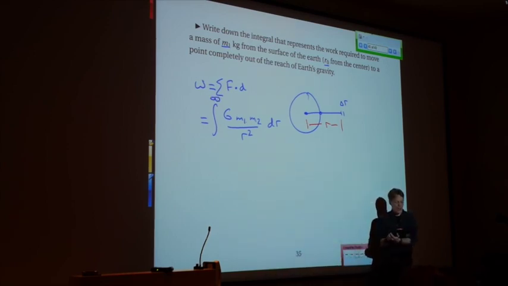What we want is to go out towards infinity. Where we want to start is at the surface of the Earth. And so that means that r naught is equal to the radius of the Earth.